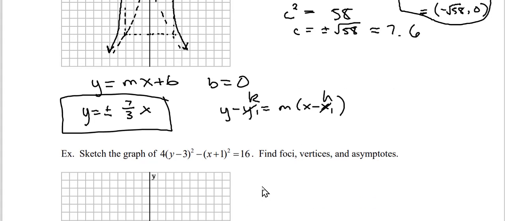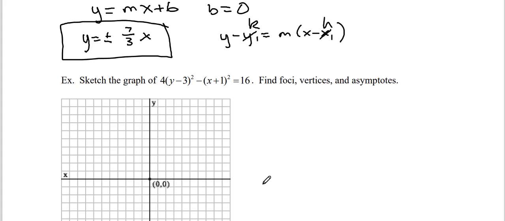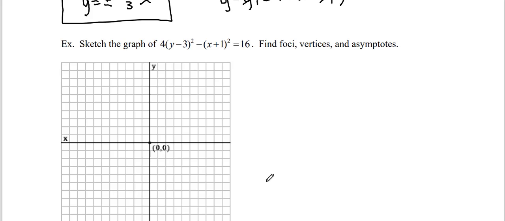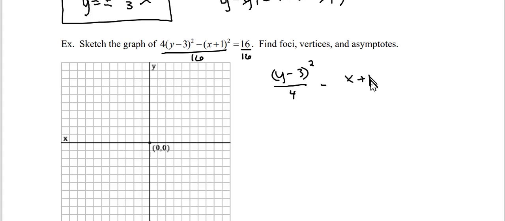Okay, let's try another one. This one is not centered at the origin, so we are going to need a little bit more work here. Just like with the ellipse, we need it equal to 1. So we are going to divide both sides of this equation by 16. Y minus 3 squared over 4 minus x plus 1 squared over 16 will equal 1.